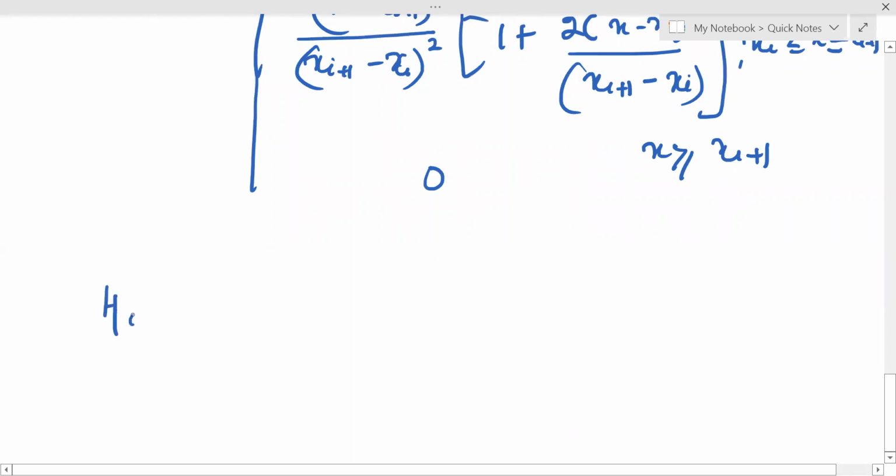Hi(x). What is this value? The first is 0 if the condition is satisfied, x is less than or equal to xi minus 1.